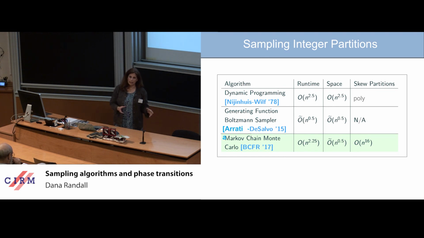If you can count exactly, you can use that in order to sample uniformly. So there has been a solution that's been known for a long time that is not based on Markov chains. If you do this as well as possible, it takes n to the 2.5 space and n to the 2.5 running time. It also generalizes to skew partitions, but you get a much more complicated thing.